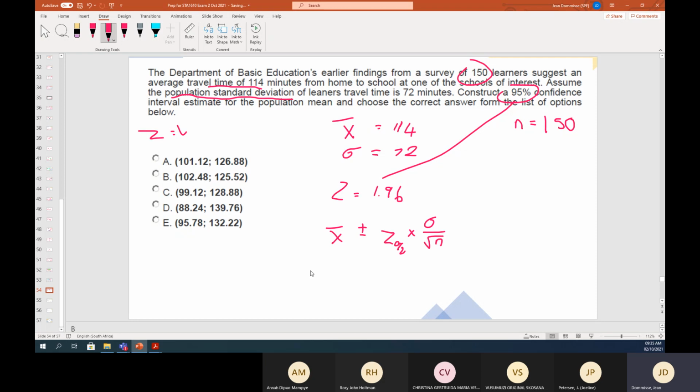So here, straightforward: 114 plus minus 1,96 times your standard deviation, that was 72, divided by the square root of n, that was 150.